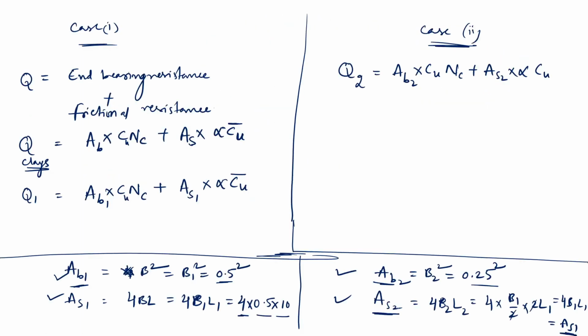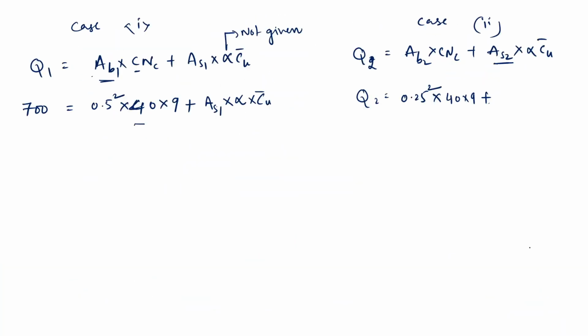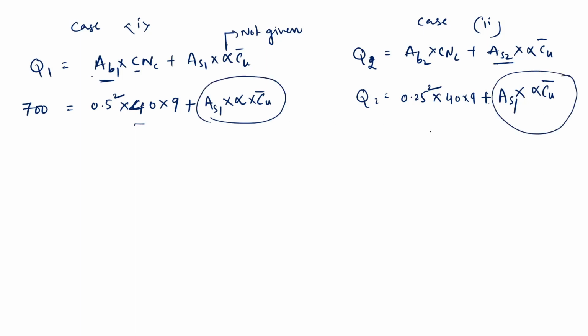We have proved it. AS2 is 4B2 into L2, 4B1 by 2 into 2L1. So it is finally equal to AS1. Okay. You can write AS1 into alpha Cu bar. This term and this term are the same. Right. So that's why I did not substitute the values.